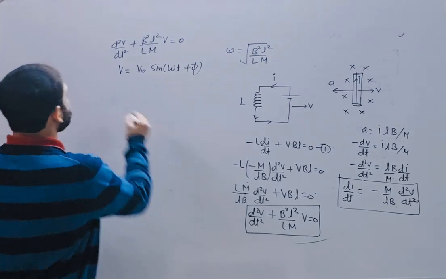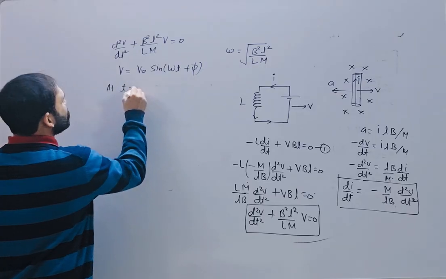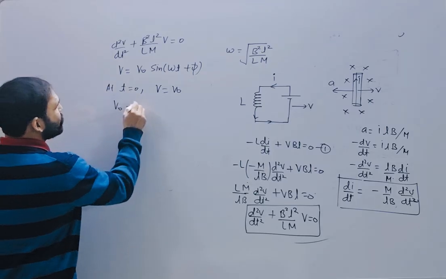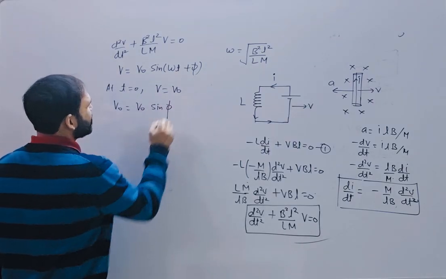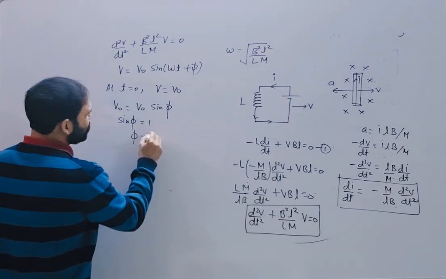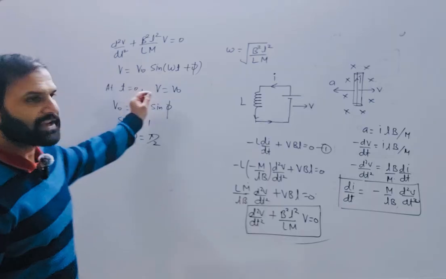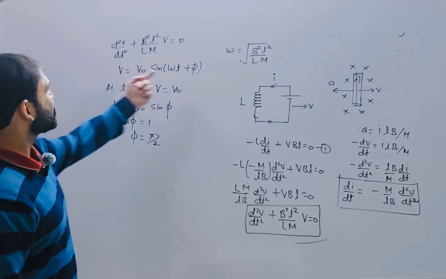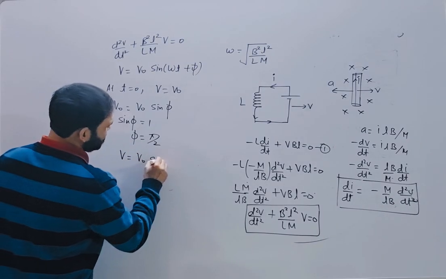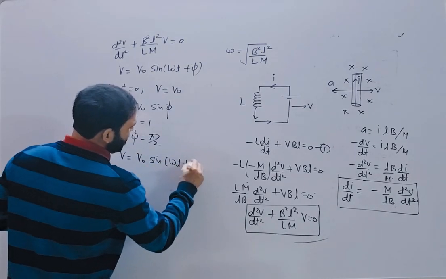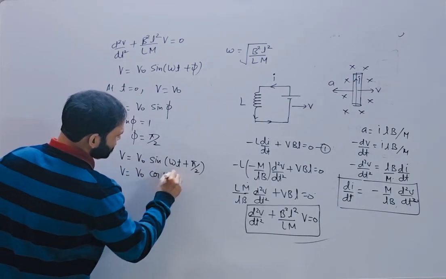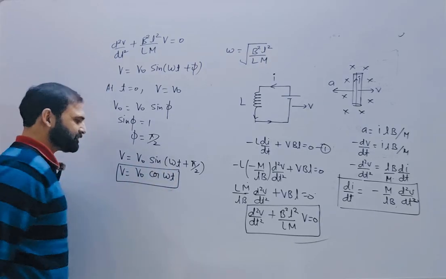Now at t equal to 0, the value of v is v naught. So v naught is equal to v naught sine phi. That means sine phi is equal to 1, so phi is equal to pi by 2. That means the velocity has an initial phase of pi by 2. So substituting phi as pi by 2, we get v equals v naught sine (omega t plus pi by 2). That means v is equal to v naught cos omega t. That is the general equation of velocity.